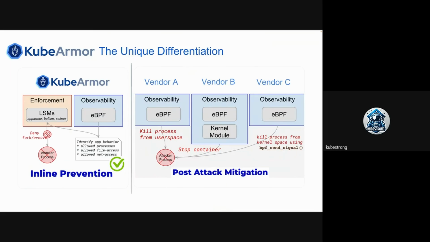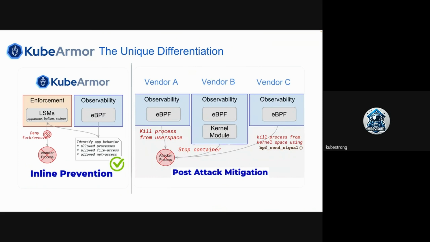The main difference is that one is inline protection and prevention, while the other is post-attack mitigation. Vendors A, B, and C listed here all use eBPF, so they can detect and monitor problems much faster, but how they take action to prevent an attack is different.